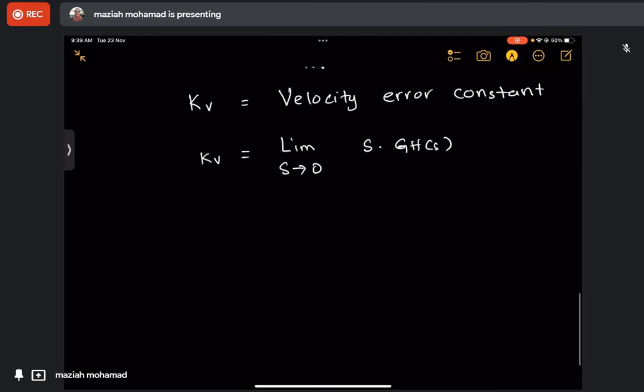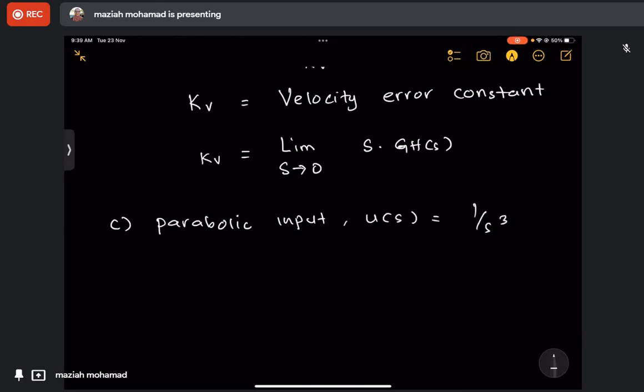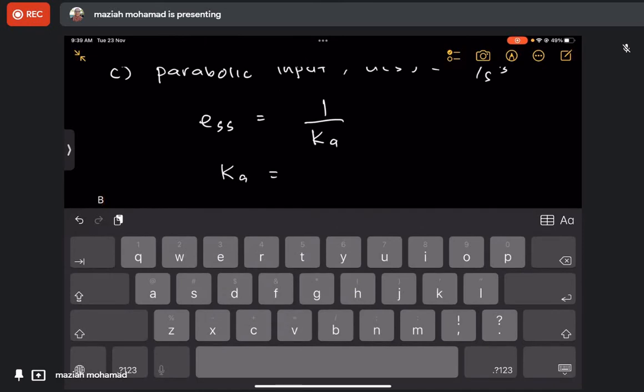Right, the last one, C, is when we apply a parabolic input, R(s) equal to 1 over s cube. You do the same process again, where you eventually get the steady state error equal to 1 over Ka, where Ka is the acceleration error constant.